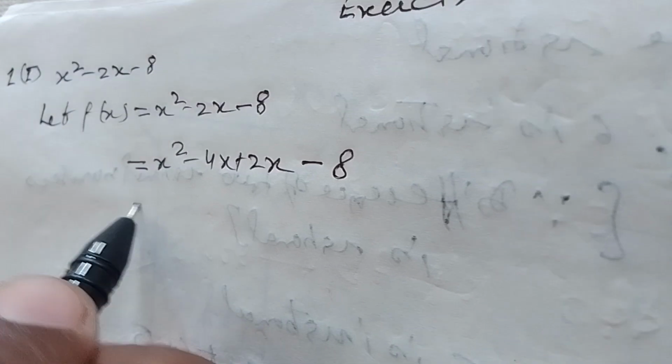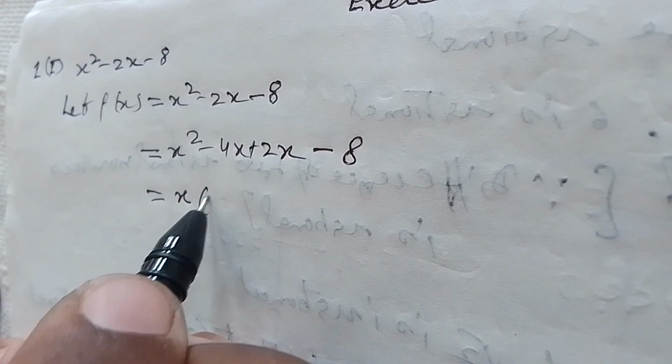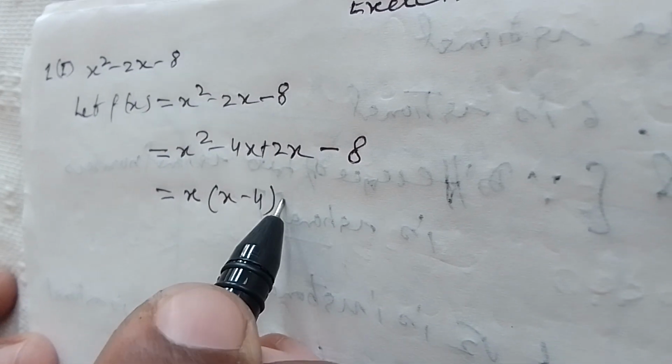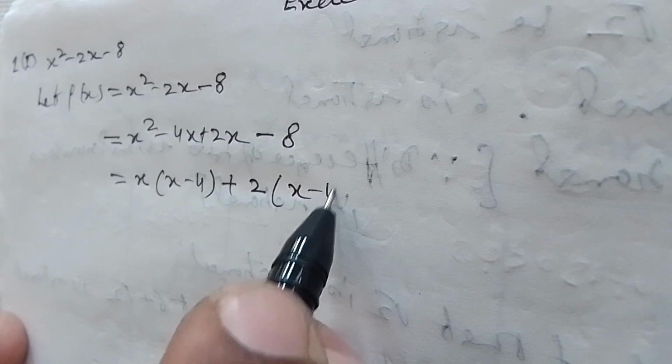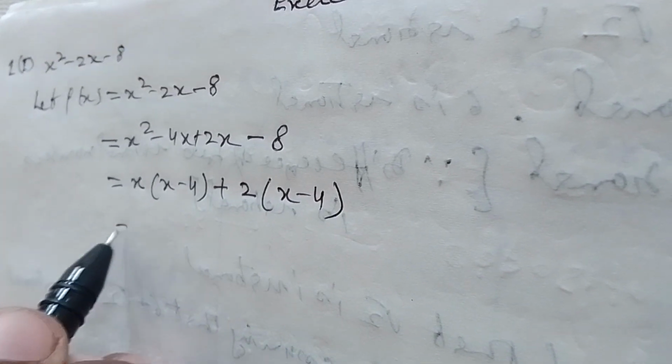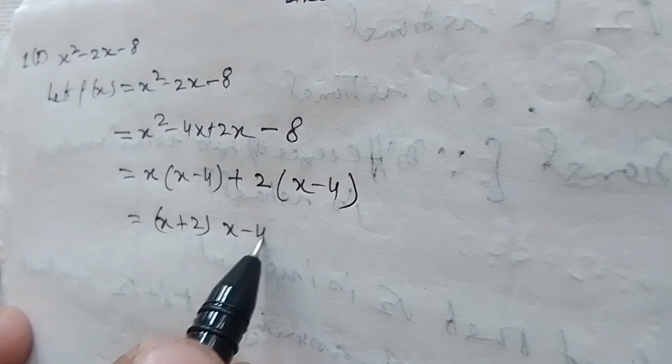The next step is taking x common, so x minus 4, then taking 2 outside x minus 4, so it becomes (x plus 2)(x minus 4).